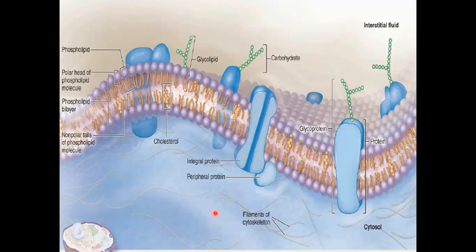We call such ion-gated channel proteins. Ion is an electrolyte that is dissolved in water. Ions are either positively charged, we call them cations, or negatively charged, we call them anions.